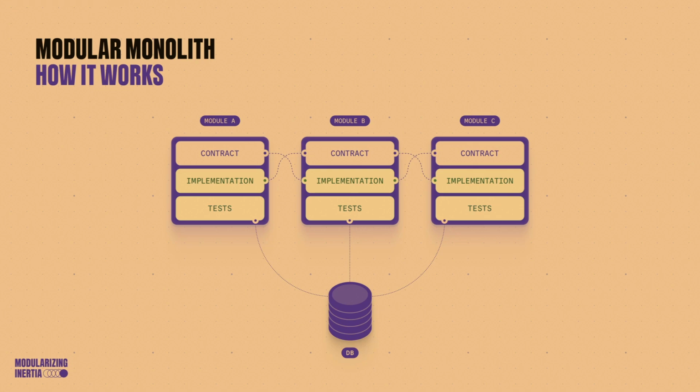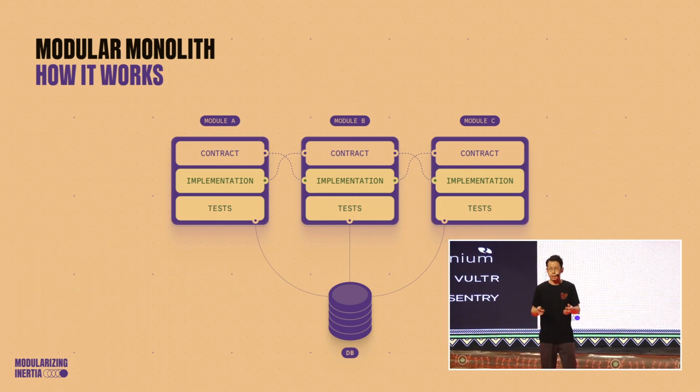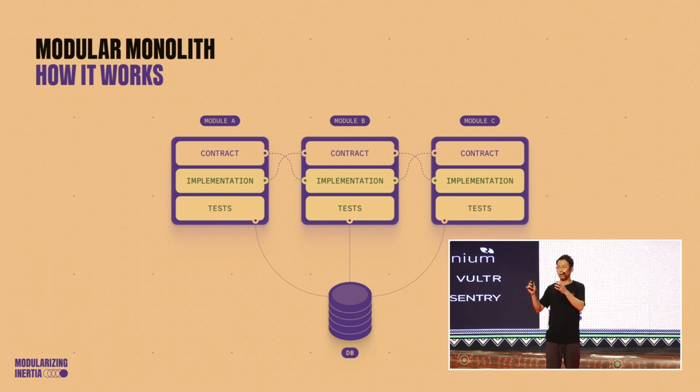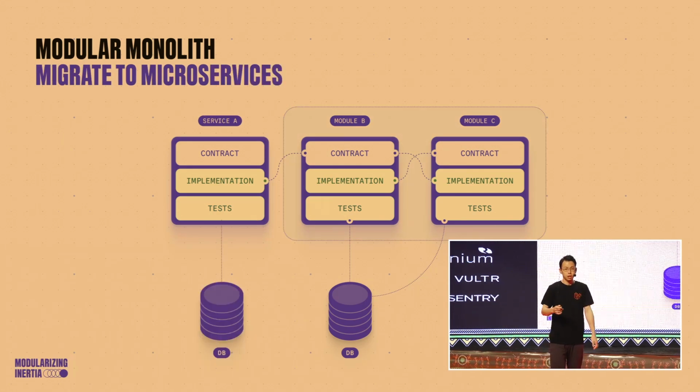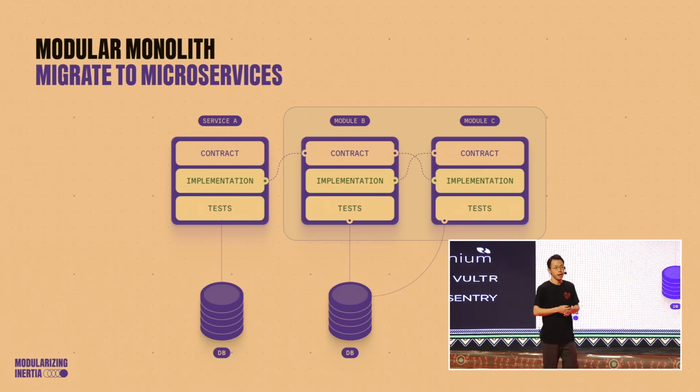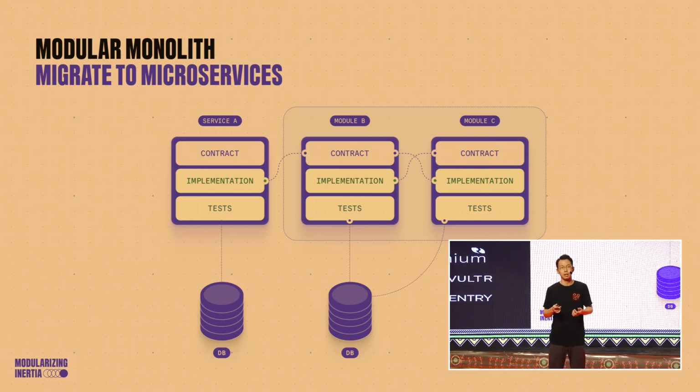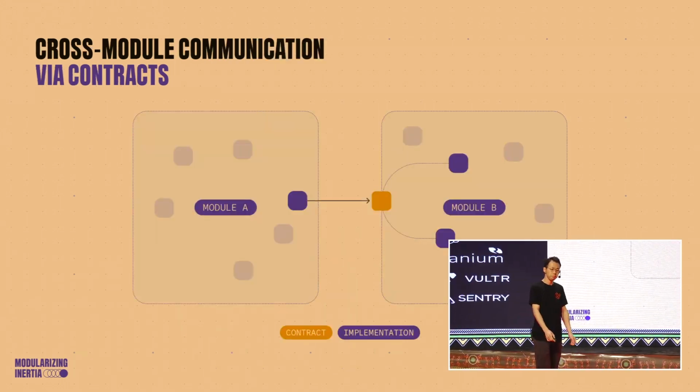The modules talk to each other via public APIs, such as contracts or events, which I'll cover later. It's basically applying modular microservices mindset into a monolith. You can also extract a module to your standalone service if you want to, and it allows you to incrementally migrate from a monolith to a microservices.